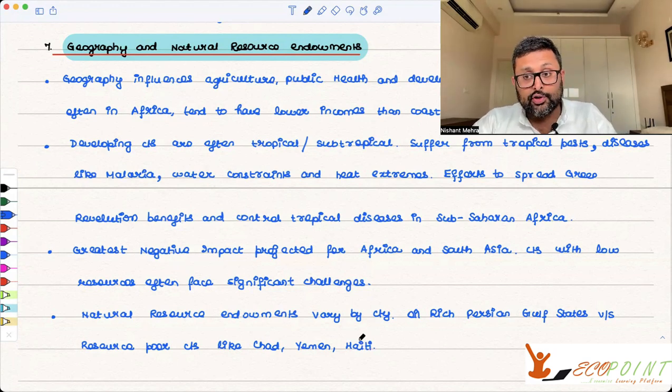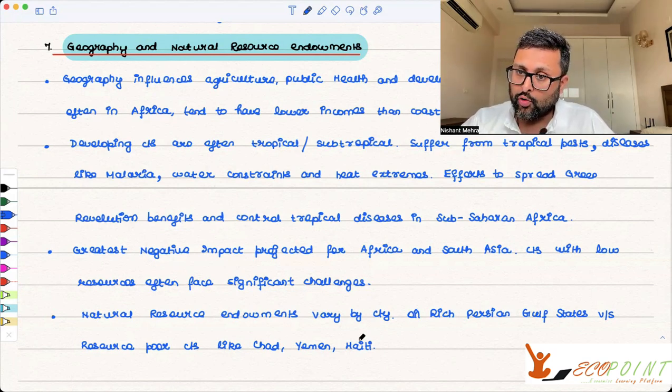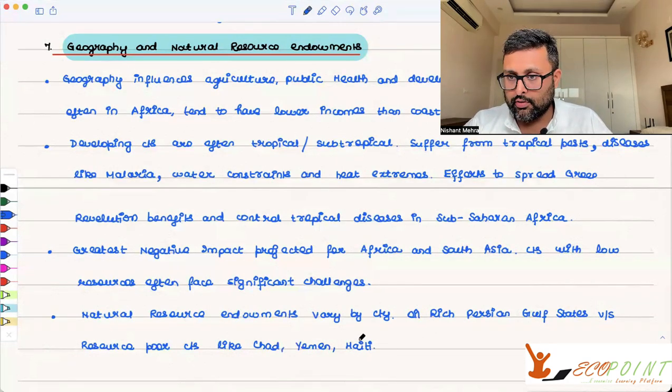And you know what? There are countries which are very, very mineral rich. For example, Democratic Republic of Congo. Is that developed? No. So just being very rich in terms of resource endowments, in terms of minerals, let's say, is not going to guarantee development.